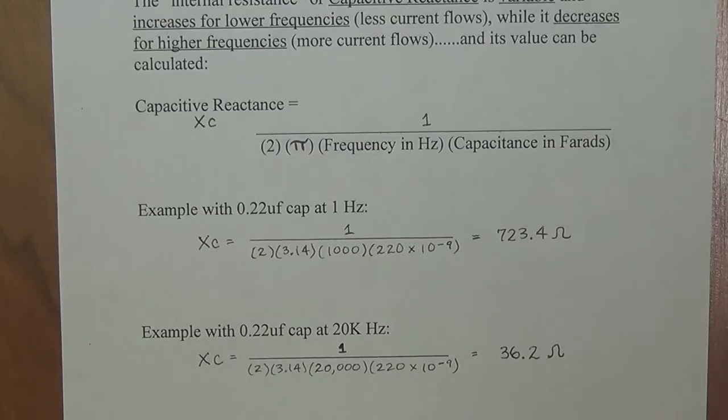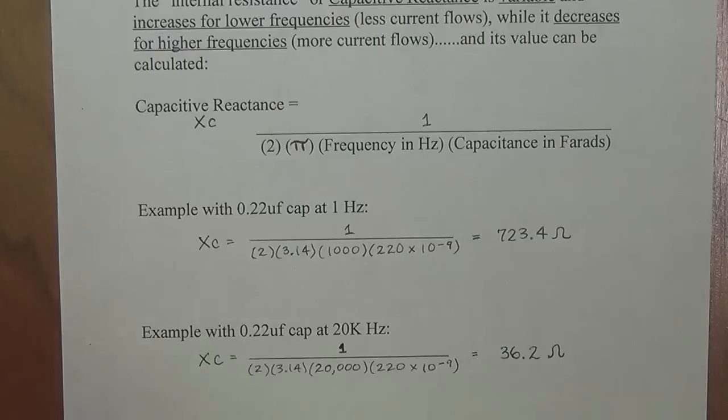Now, because with these videos we try to increase our level of sophistication a bit with each successive video, let's take a look at what seems like a really scary equation here, which is going to calculate a value for capacitive reactance in ohms for different frequencies.